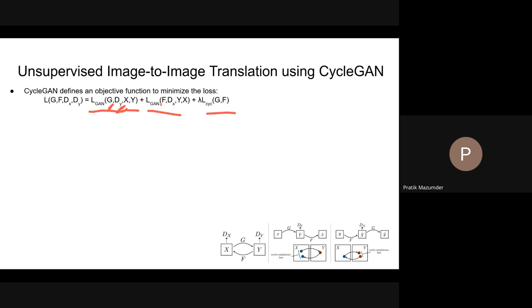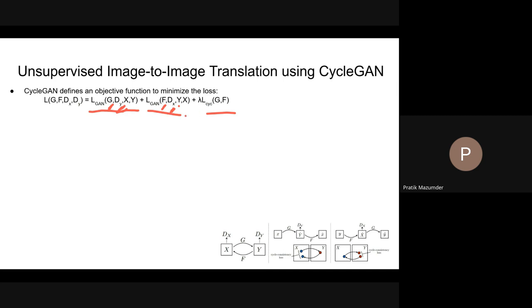You have the other GAN, which takes the generator F and uses the domain discriminator for X, and you're basically mapping from Y to X. This generator F will convert your image from the Y domain, or the zebra domain, to your horse domain, and you have a corresponding horse discriminator as well.